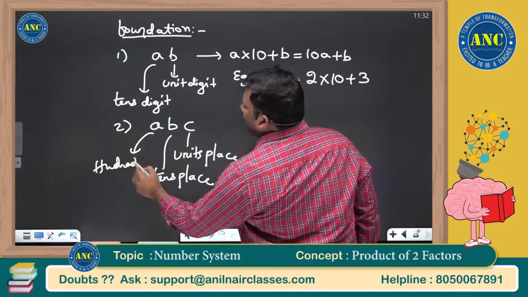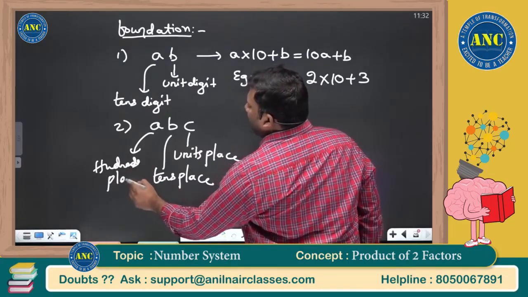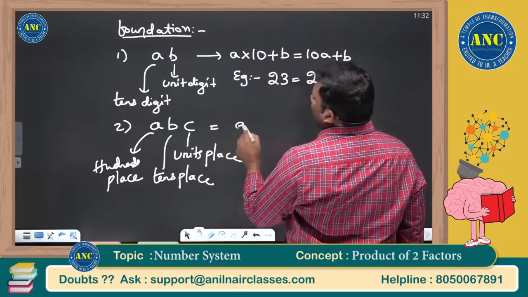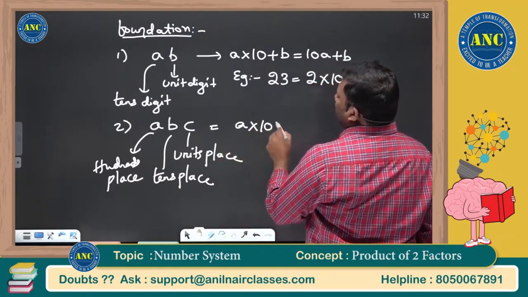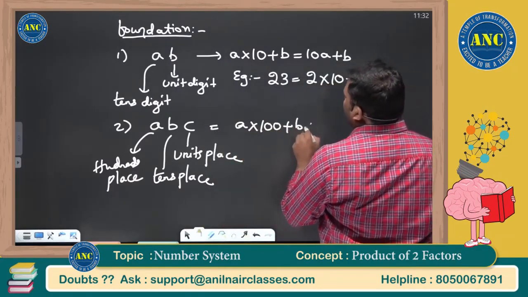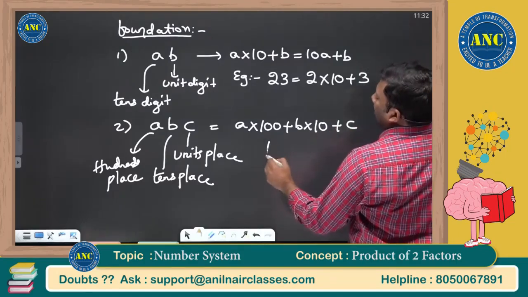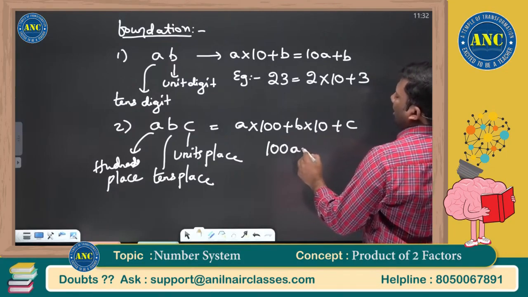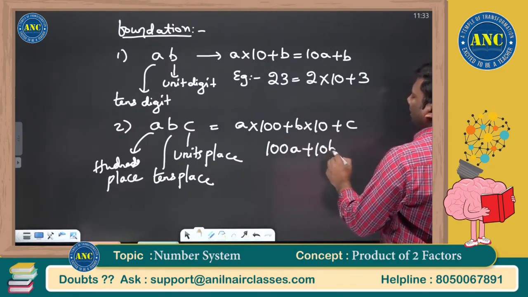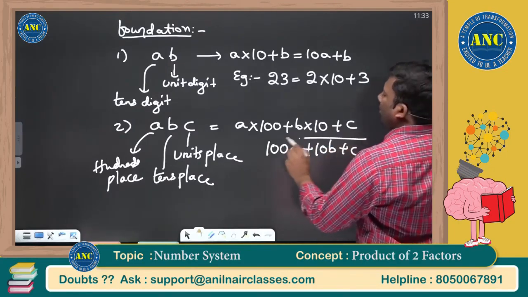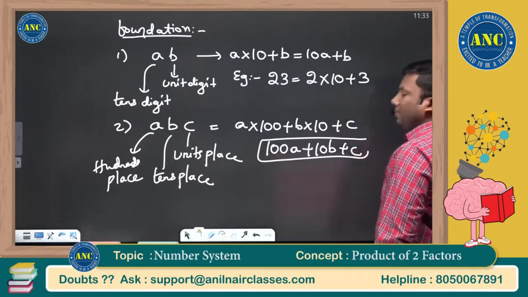A is nothing but the hundreds place. So what will be the answer? A is there in the hundreds place, A into 100. B is there in the tens place, B into 10 plus C. So ABC is nothing but 100A plus 10B plus C.